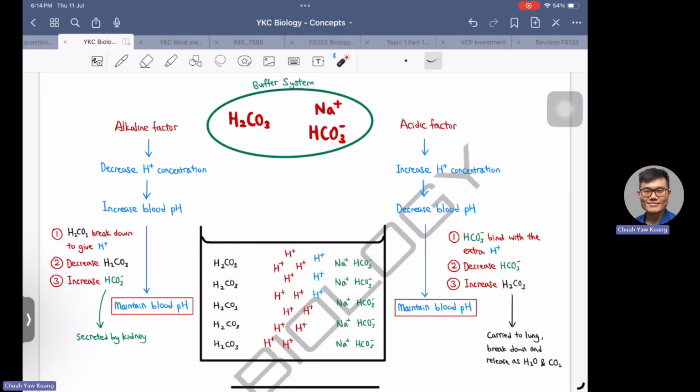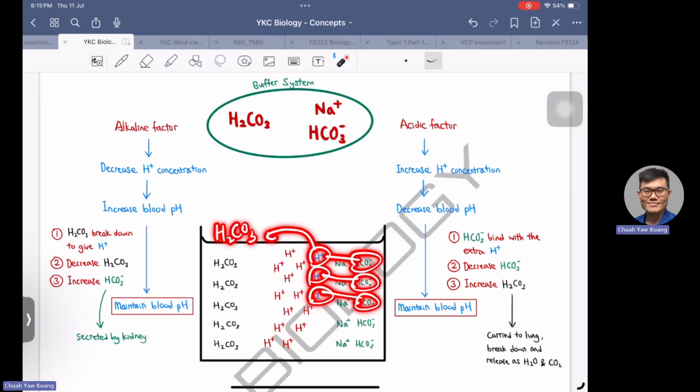So this bicarbonate ion plus the hydrogen ion is going to produce more carbonic acid. So in order to remove these three extra hydrogen ions, three bicarbonate ions have to bind to them, and then it's going to produce three carbonic acid.